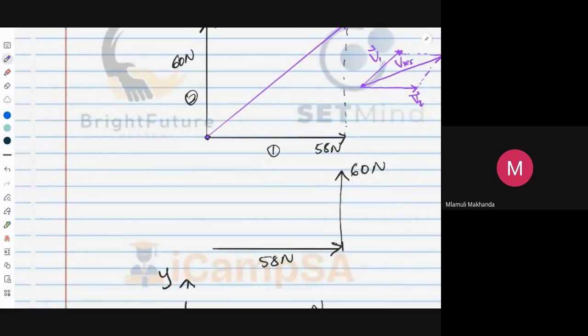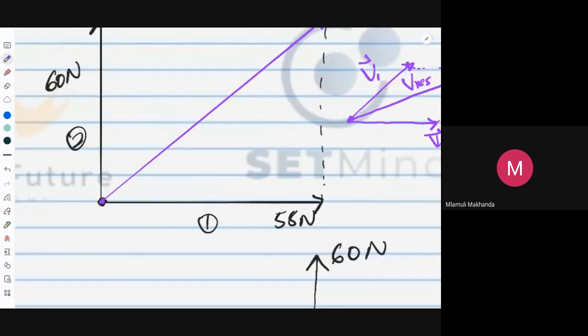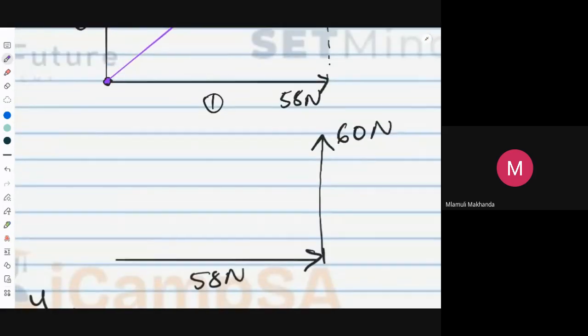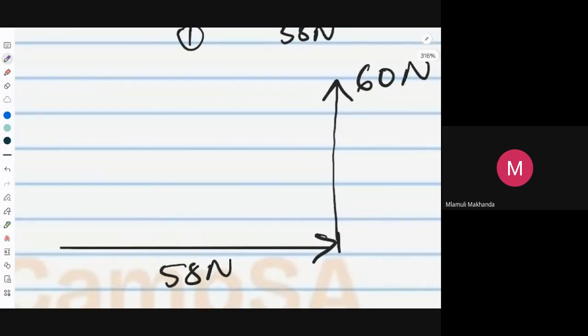Now, in another case, instead of the vectors being connected tail to tail, you might find them connected like this, the way we are used to, where the first vector ends is where the succeeding vector starts, right? So in this case, this one starts at the head of the first vector. In a case like that, whenever you draw the resultant, you use the tail to head method.